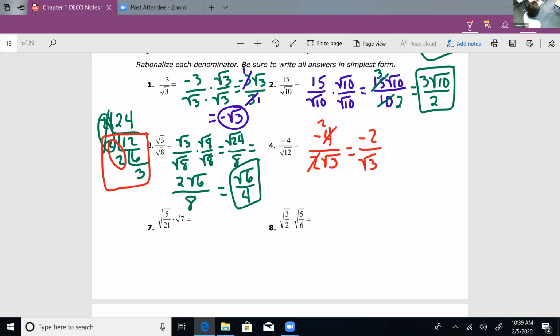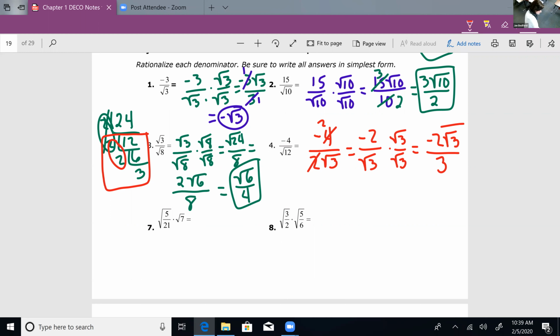And what would I do now to rationalize? Multiply times square root of 3, top and bottom, right? And what will I get on top? Negative 2 square roots of 3 over, and am I done?